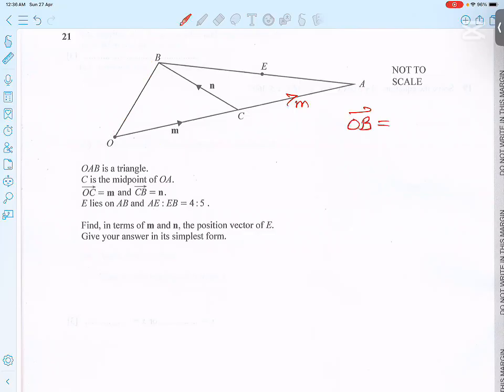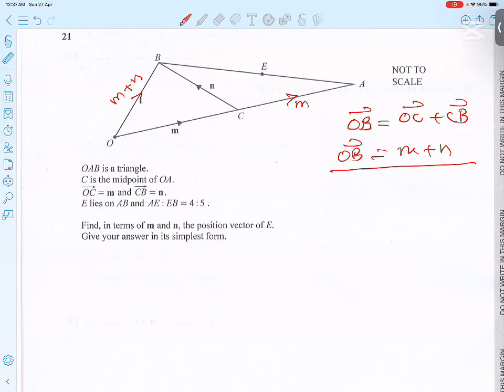OB is equal to O to C, C to B. O to C is m and this m. This is OB. Though it is not asked, I found it. You'll come to know the reason behind it.